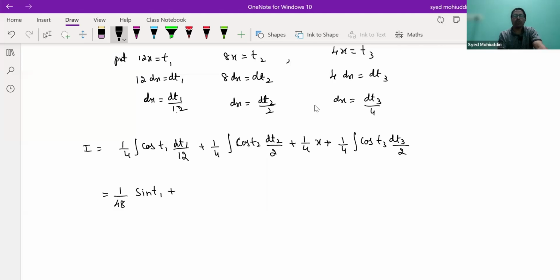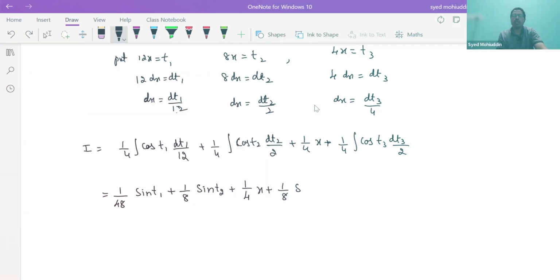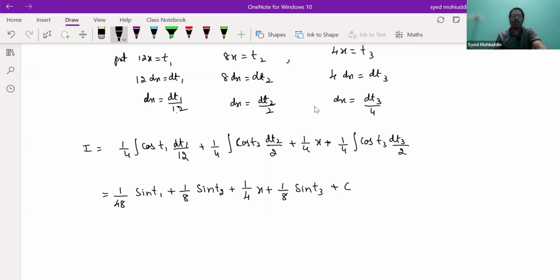Plus again 4 times 8 will give us 32, 1 by 32, again integral of cos t2 will give us sine of t2, plus this 1 by 4 times x will remain as it is, plus again you can multiply, 4 times 4 will be 16, 1 by 16, integral of cos will be sine. It is sine of t3 plus the constant of integration c. But we know the value of t1, t2 and t3. Let us just try to plug in that.